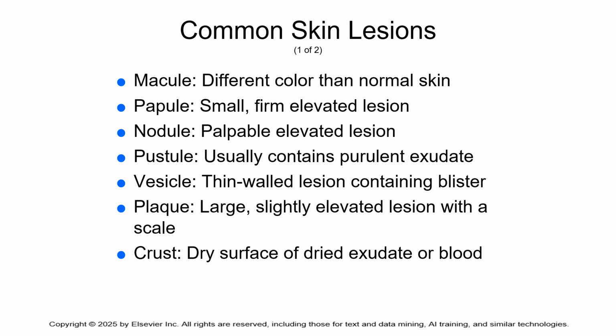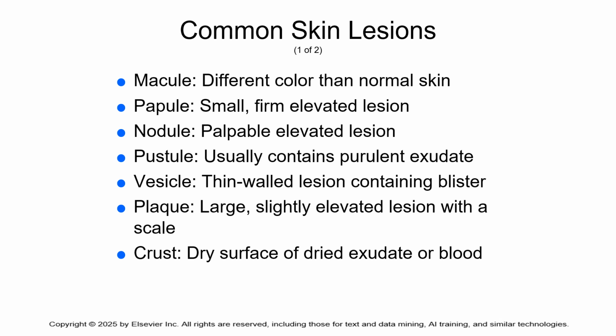The difference between nodule and papule is a papule is going to be small and firm, whereas the nodule may not be firm. A pustule usually has some kind of pus-like material within it that can also, if that skin breaks, leak out. Vesicle is more of a blister-like lesion. Plaque is an elevated lesion, but it also has a little scaly surface to it.